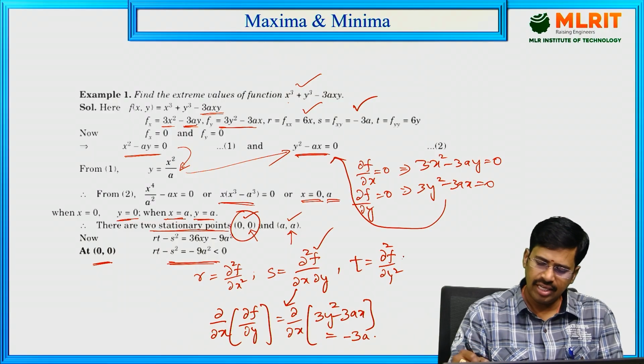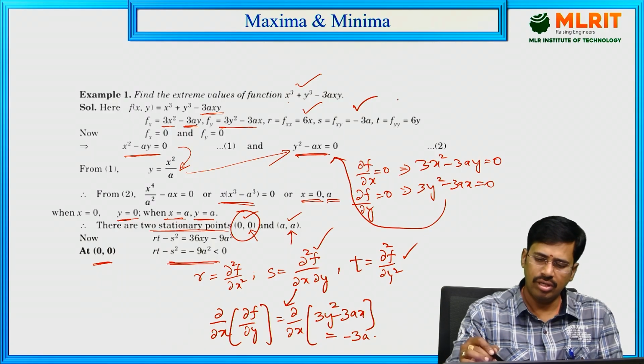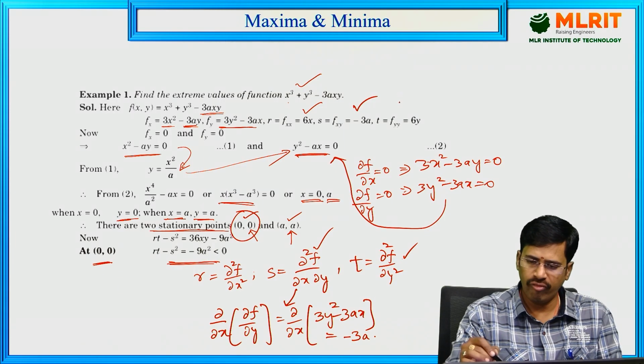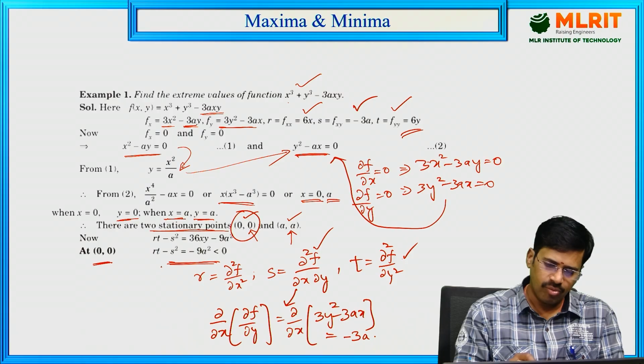Similarly, find the other second derivative, ∂²f/∂y², that is t. We get this value as 6y. So rt minus s square is r into t minus s square.